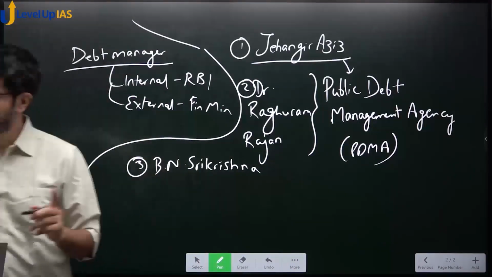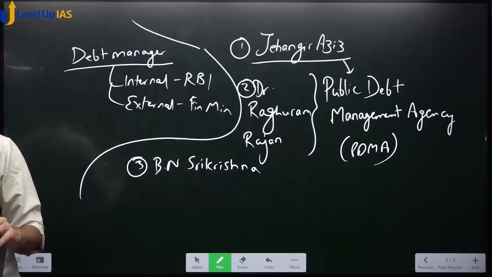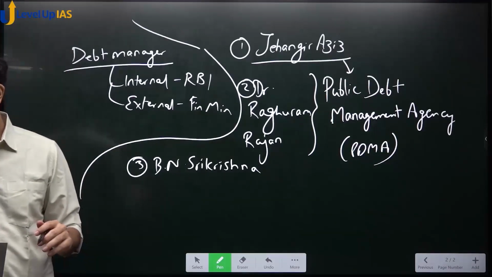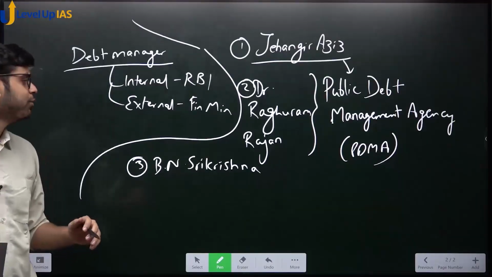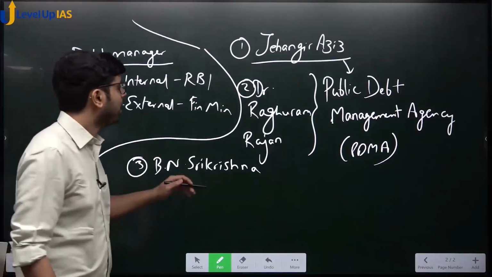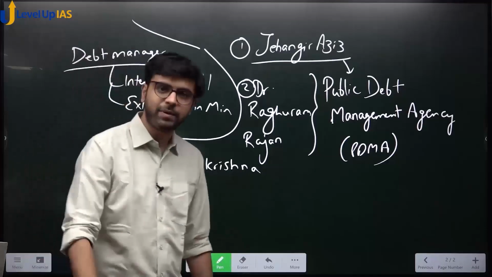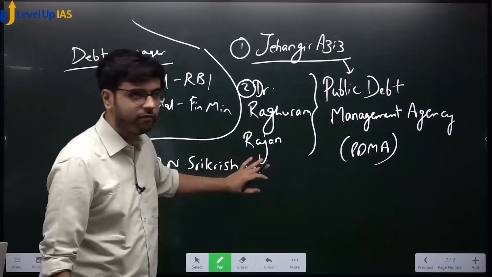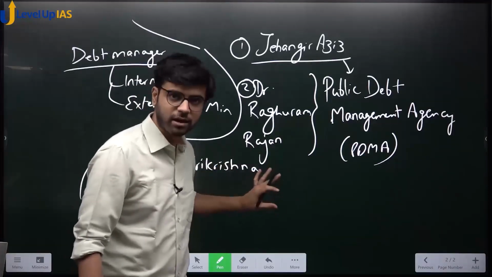One very important thing which you should know about committees is that one person can head various committees. So when you see Dr. B.N. Sri Krishna Committee here, we are talking about banking context.